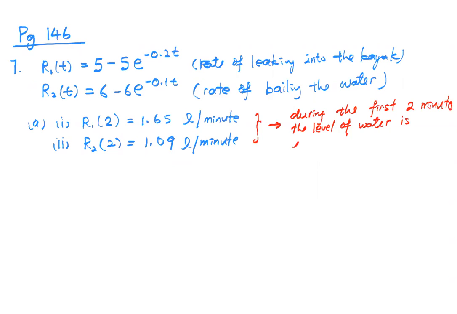It is increasing. Why? Because R1(2) is greater than R2(2), am I right? Water leaking in is more than bailed out. Correct? So the water is rising. So does the water level keep rising? We don't know. So we are going to do the next one.